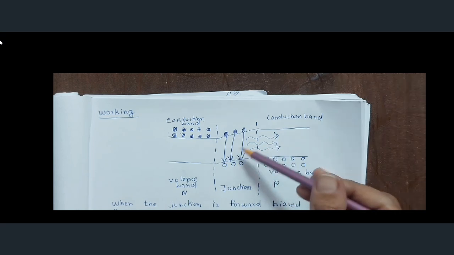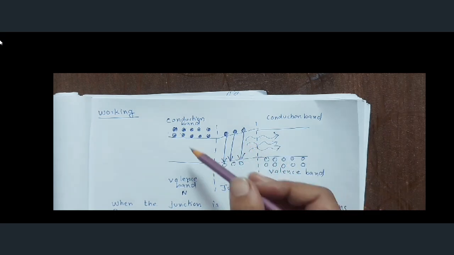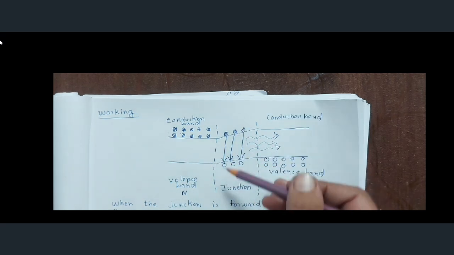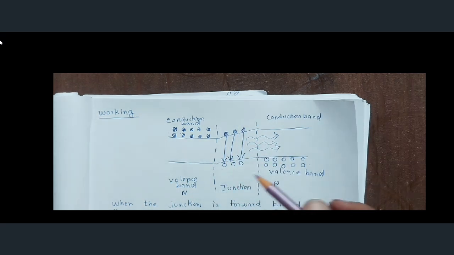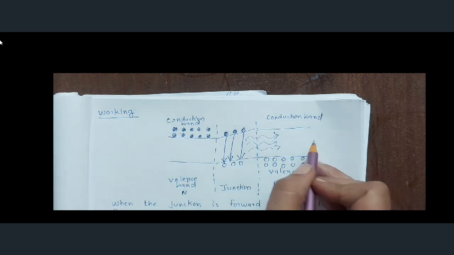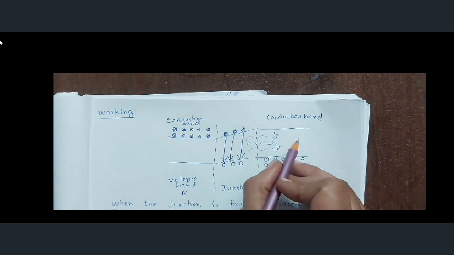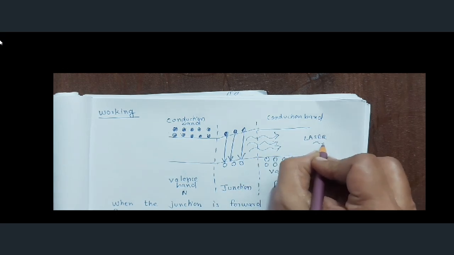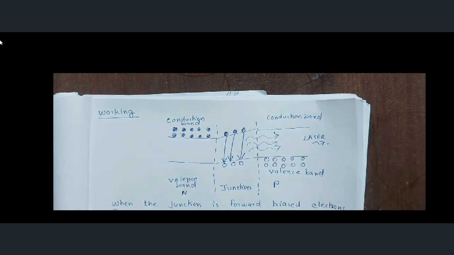The first light emitted stimulates the other atoms to recombine, and in this process stimulated emission takes place and laser comes out only from this direction. As forward biasing increases, we get the laser here. I hope you have understood.